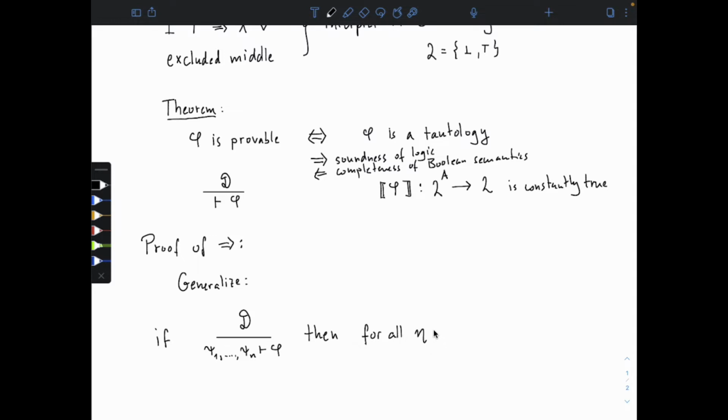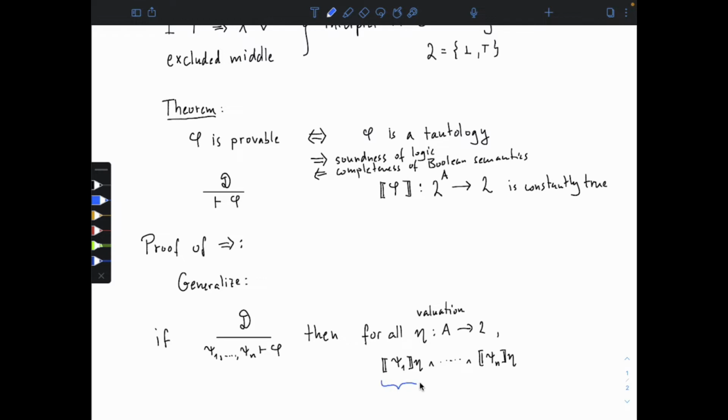Yes? And so in the theorem, for all eta, so for all evaluations, remember, an evaluation assigns truth values to atomic formulas. For all evaluations, the thing that needs to happen is that if you look at the truth values of the hypotheses, and you take their conjunction in the Boolean algebra, of course. So let me make remarks here. What is this?